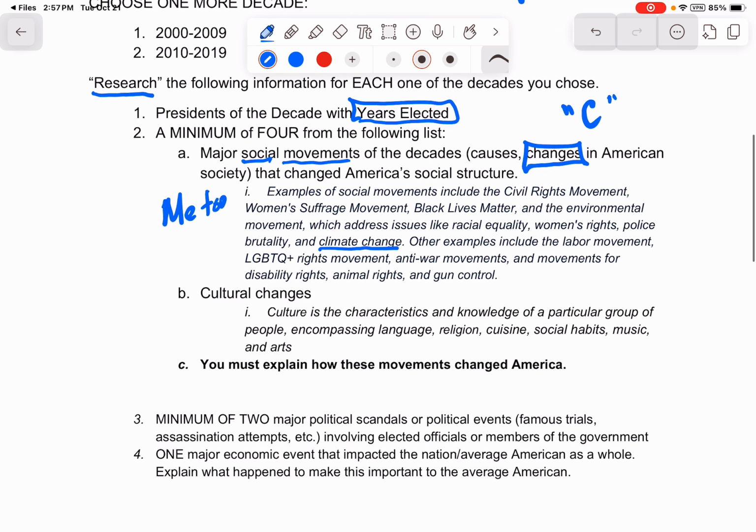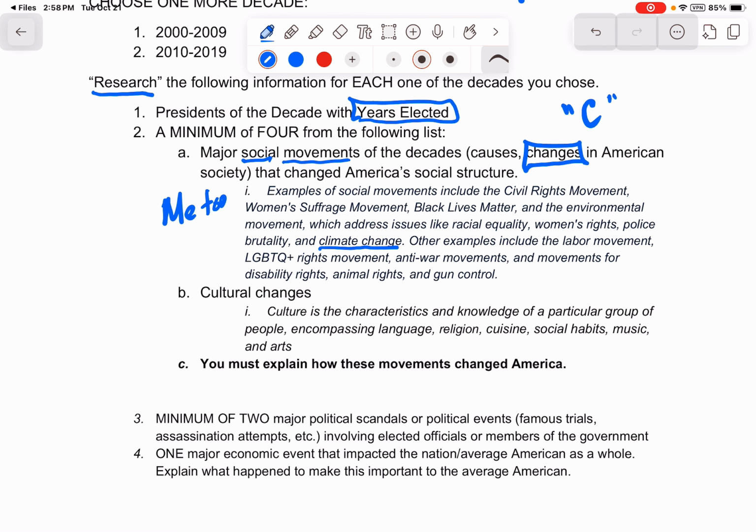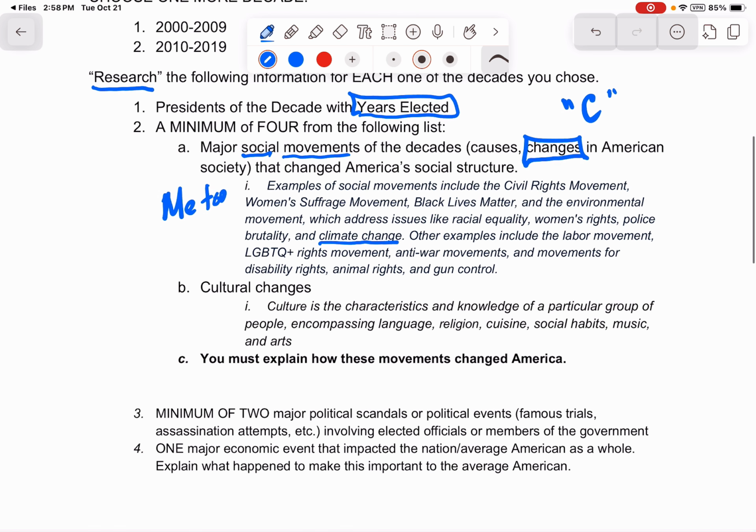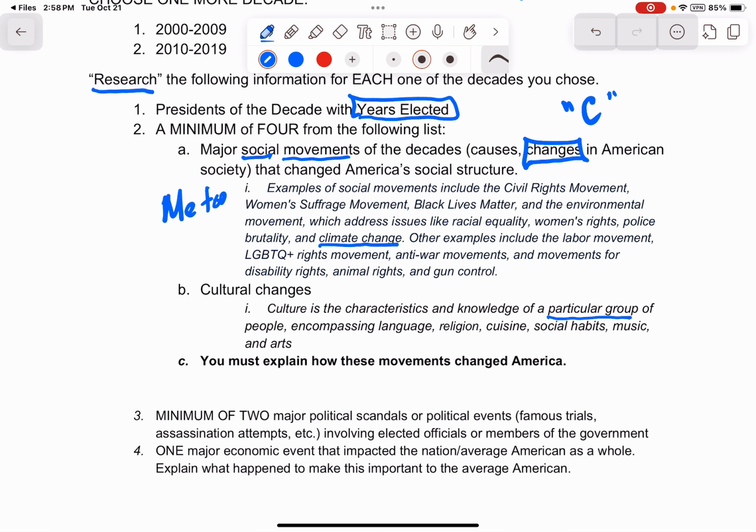Then what were the cultural changes that come about? And once again, culture is the characteristics and knowledge of a particular group of people encompassing language, religion, cuisine, social habits, music, and arts.